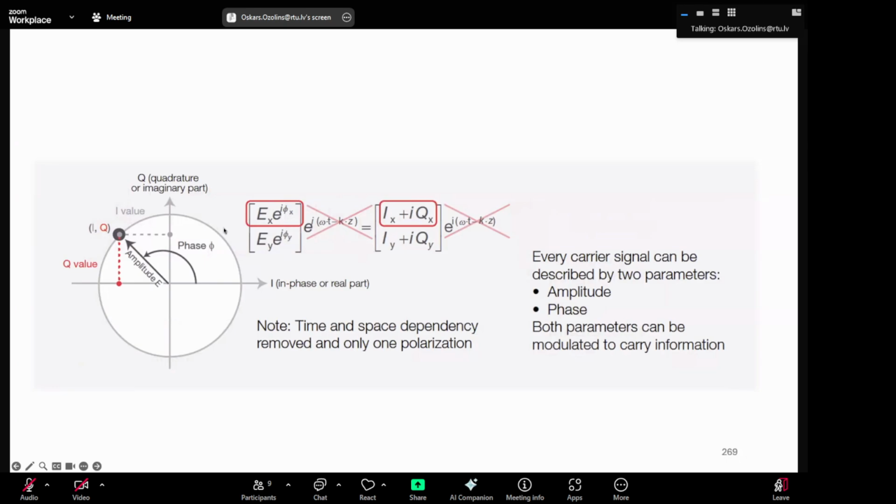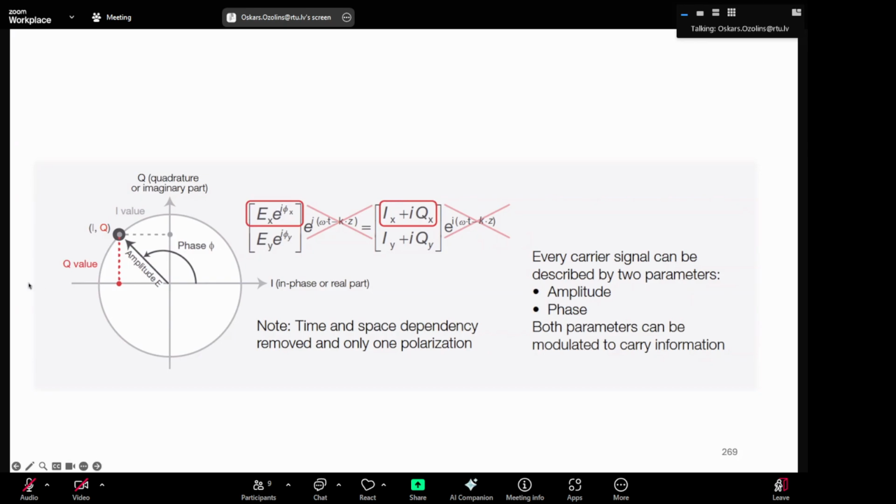Right. So what does it happen? Here is a bit of representation if we look at a constellation diagram. So some definitions of why we have this I and Q, and how do we define I and Q. So for example, in this case, there's a certain amplitude and certain phase, which leads to, for example, this constellation point with this I value and this Q value in here.